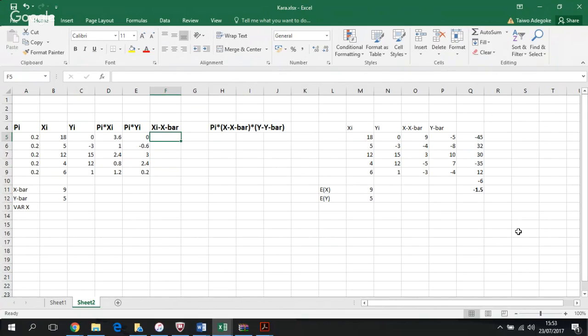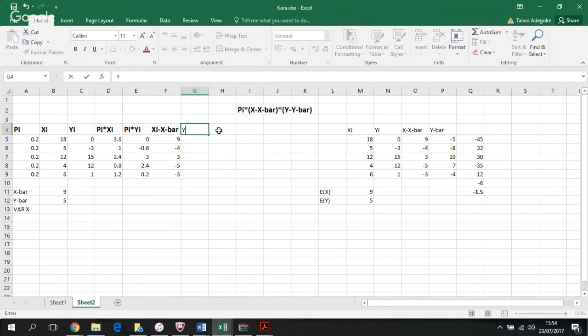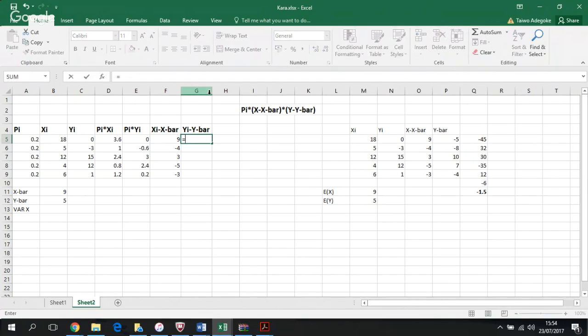Let me just quickly solve it and see how the answer compares to this side. X minus x bar. Just lock this stuff, F4. Okay, y minus y bar.